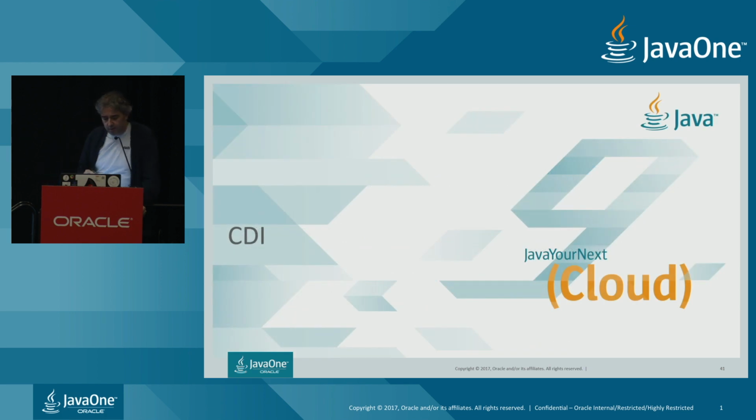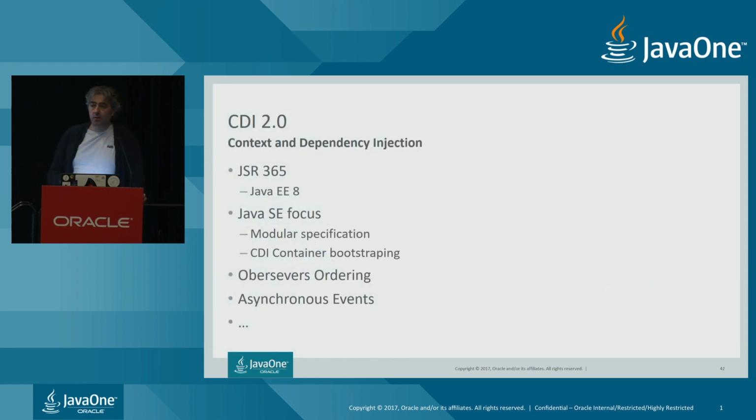Now, let's quickly talk about CDI. I mean, what's the link between JAX-RS and CDI? Well, in Java EE 8, we have released CDI 2.0, JSR 365. CDI 2 is adding quite a lot of new stuff, but one of the things that CDI 2 is adding is asynchronous events. So you know that in CDI, we have had since the beginning this nice event mechanism.